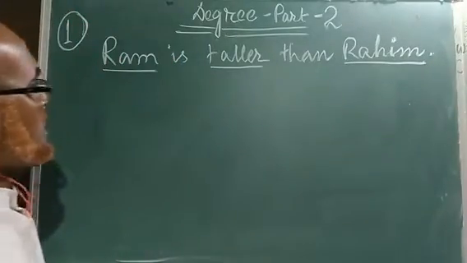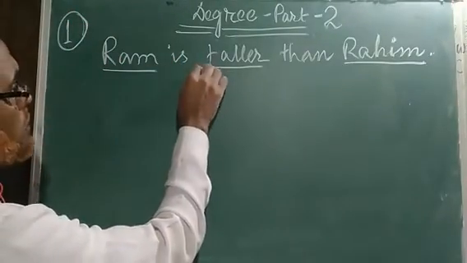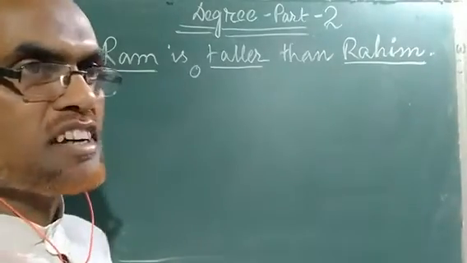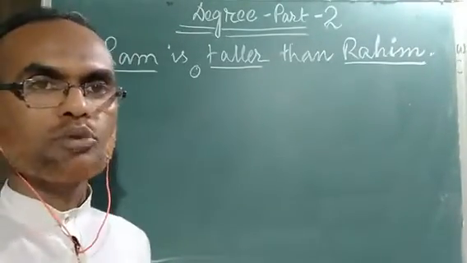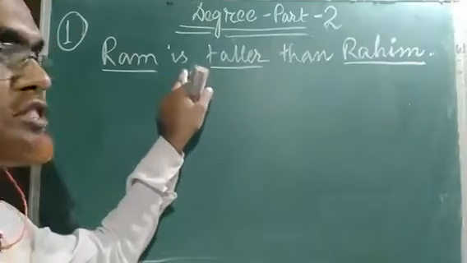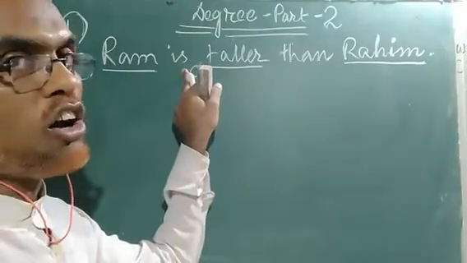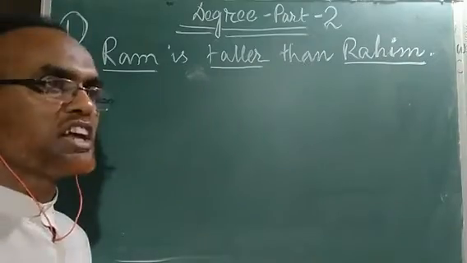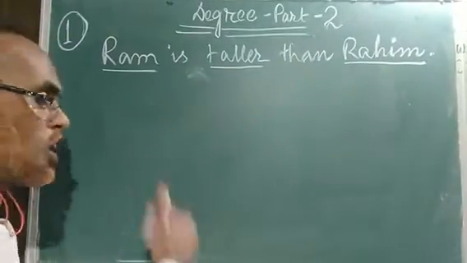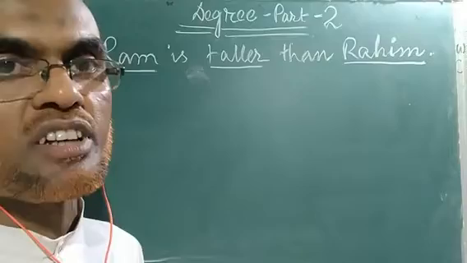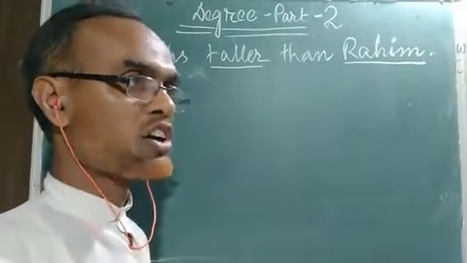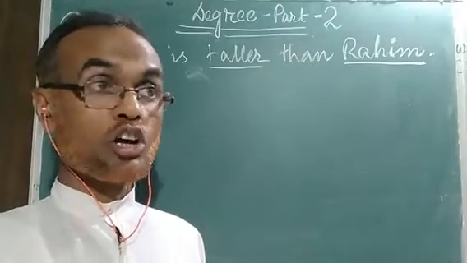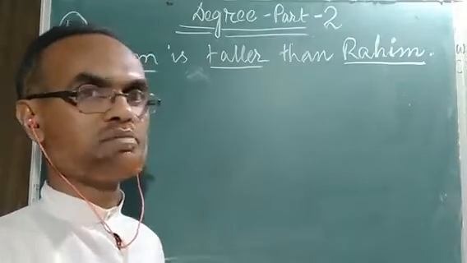Another thing, it is an affirmative sentence. We know that to make a sentence negative, we must add not after the helping verb or auxiliary verb. If there is not in a sentence, we must remove not to make it comparative.